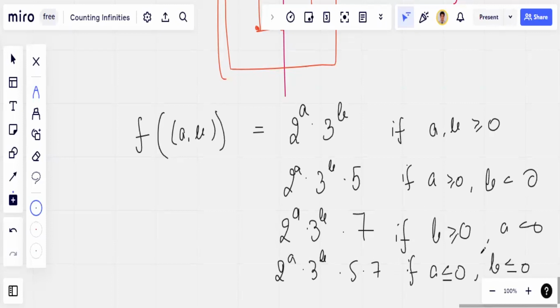Can you check if this function is injective? And this covers all the z cross z elements.